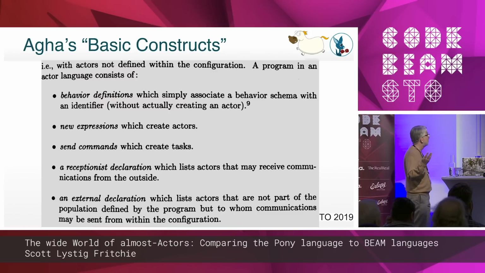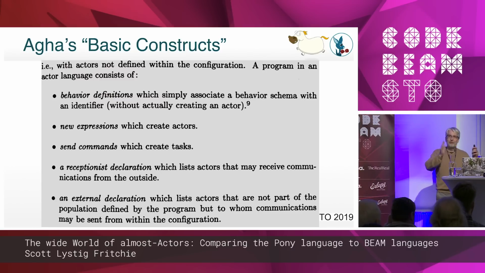So an actor is defined by five things in his case. The first three I already mentioned. A behavior definition, which associates a behavior schema with an identifier. So that means that it's a binding between an incoming message type and a script or a program that runs in reaction to receiving that message.